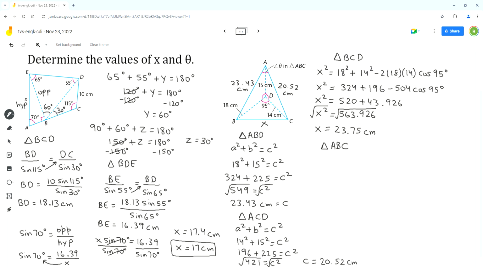Angle theta is opposite to side BC in triangle ABC, so we should start the cosine law equation with side BC.